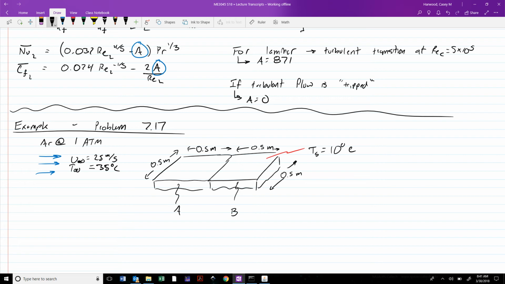So this looks a lot like just flow past a flat plate. The idea behind this segmented A and B is that flat plate A has a smooth surface, and plate B, we're going to assume, has a very sandpapery, roughened surface.